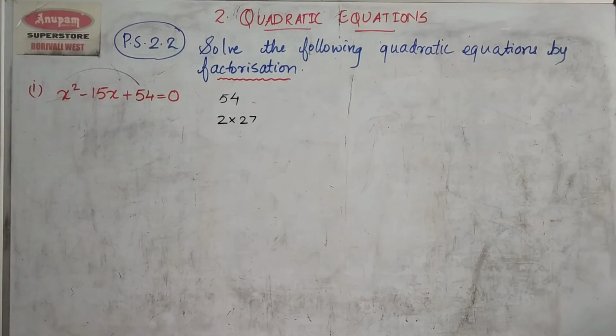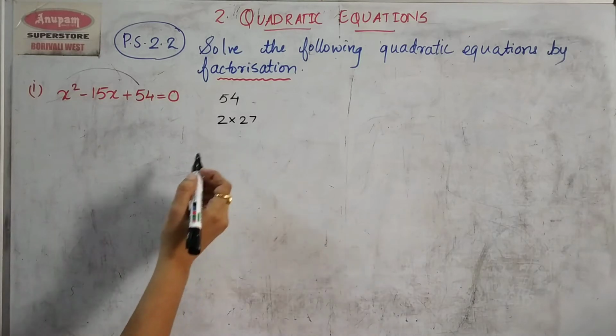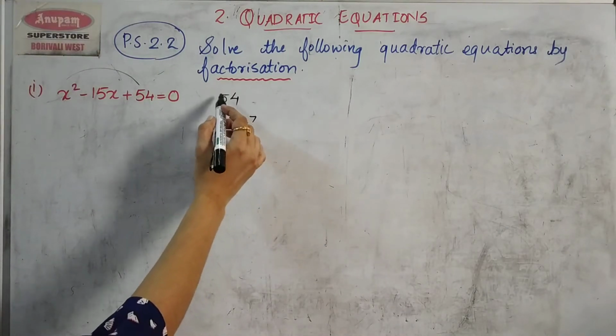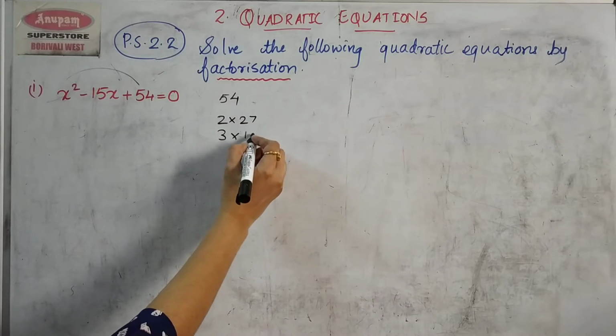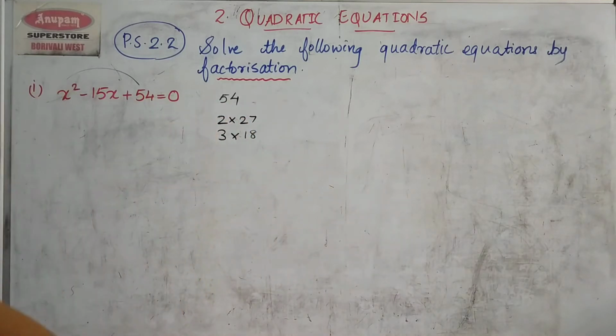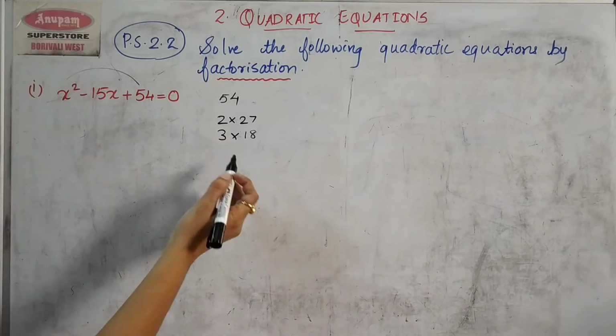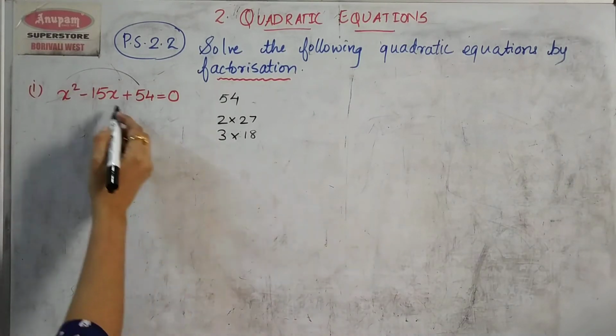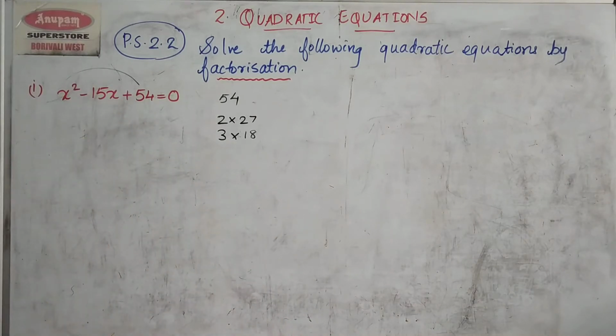Then the next pair is 3 into what? 3 ones are 3 and 3 8s are 24. 18 3s gives me 54. Now if 18 3s gives me 54, then 18 minus 3 should give me 15. Am I getting that answer? Let me check it. See, if I am taking 18 and 3, 18 minus 3 will give me 15.